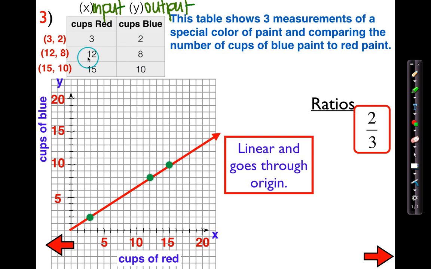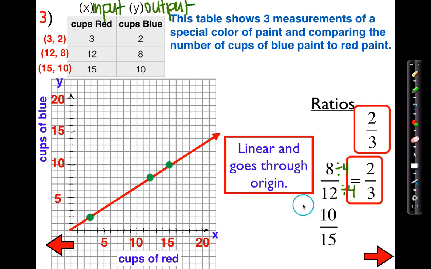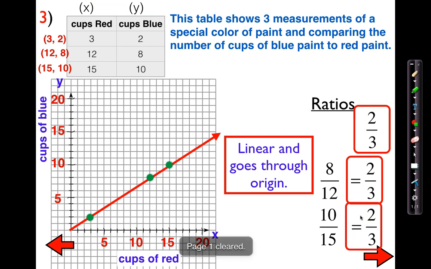Then we're going to do 8 over 12, which reduces by 4, which also leaves us with 2 over 3. And last but not least, 10 over 15, which can be divided by 5, which also leads us to 2/3. So the ratios further prove this is a proportional relationship.